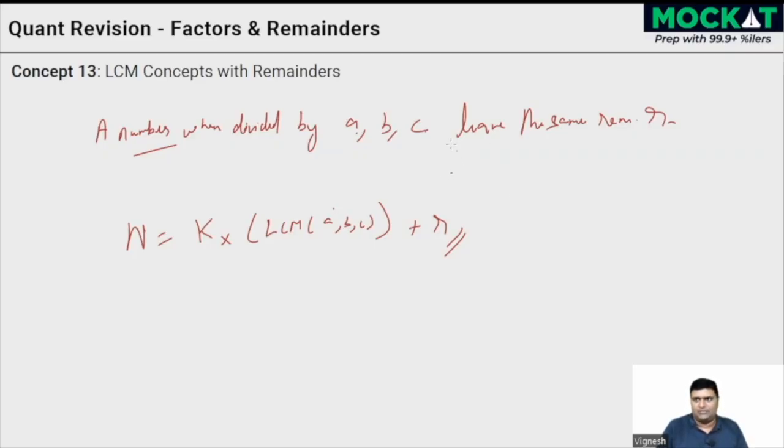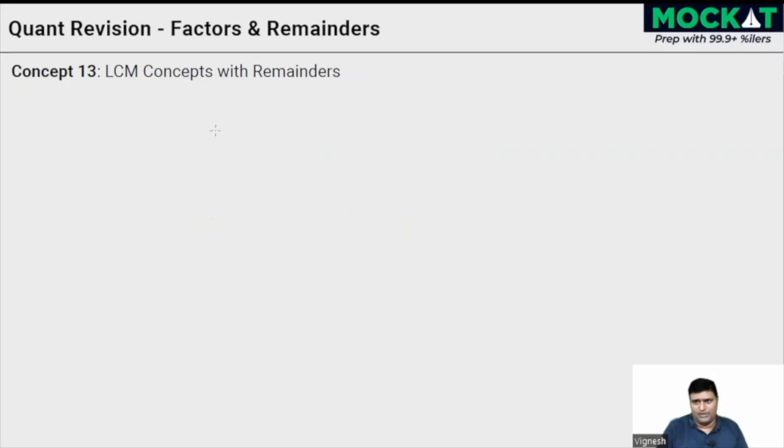So if a number when divided by 2, 3, and 4 leaves the remainder 1, right? What's the number format over here? LCM of 2, 3, and 4, that comes to 12. 12k plus 1. The smallest number which satisfies is going to be 1 itself.